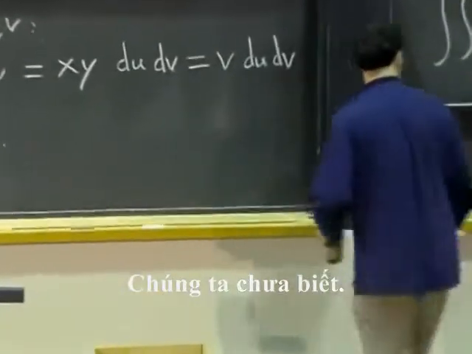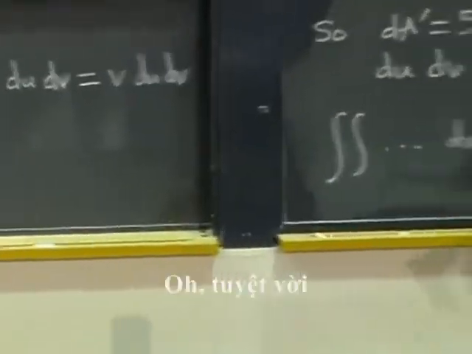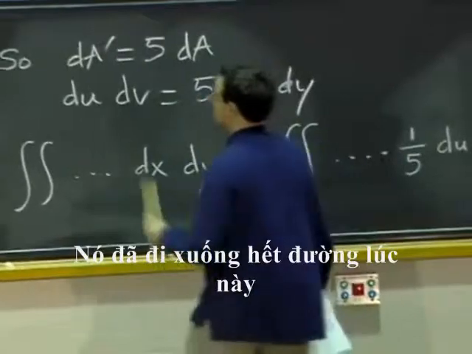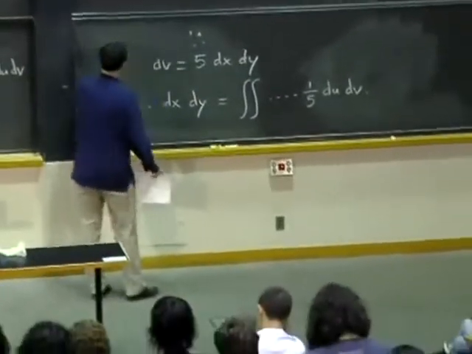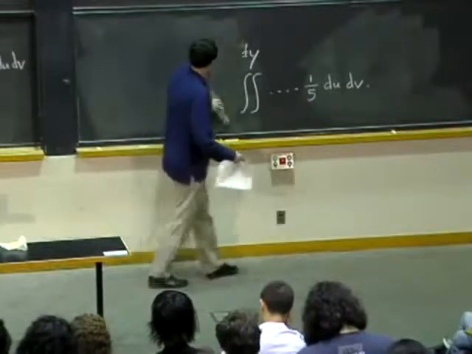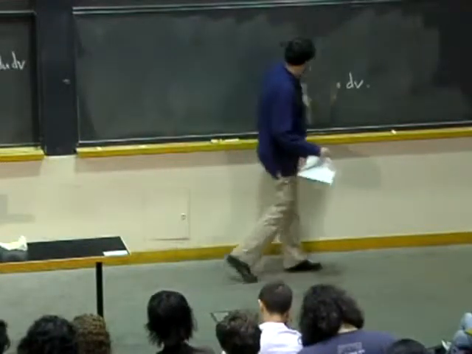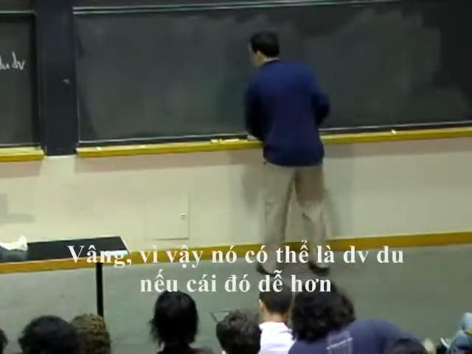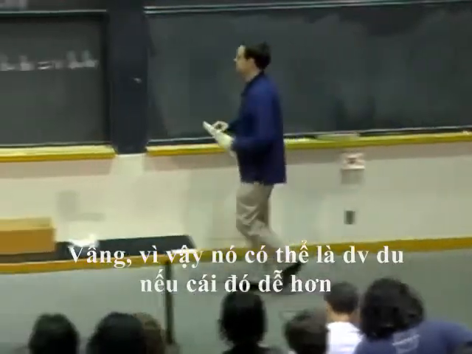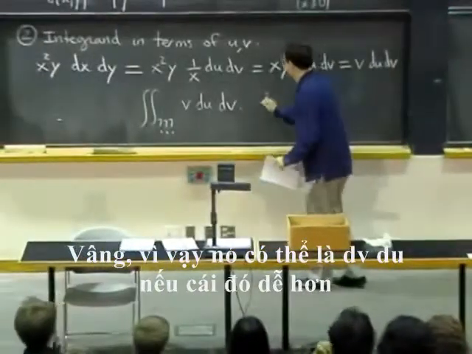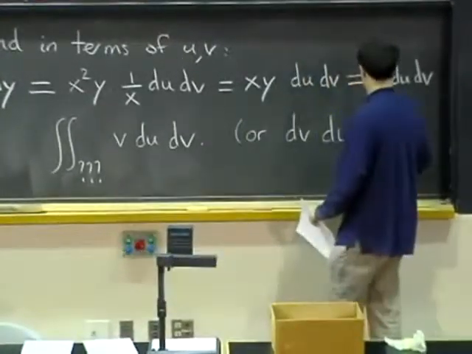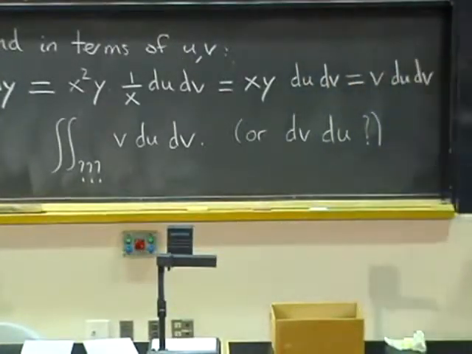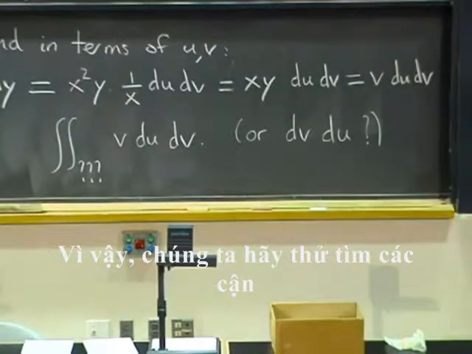We don't know yet. Oh, amazing. It went all the way down this time. It could be dv du, if that's easier. So let's try to find the bounds.